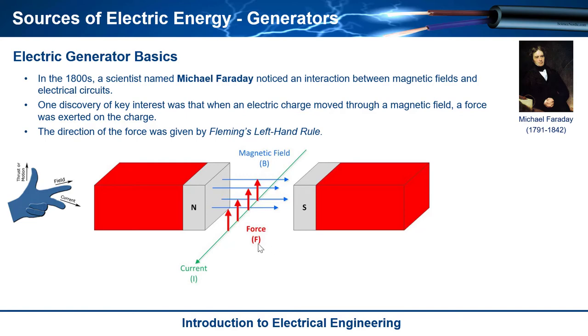And so you can basically take your left hand, make this little two with your thumb sticking out, and you put your index finger in the direction of the magnetic field, you put your middle finger in the direction of current, and then your thumb points in the direction of motion.